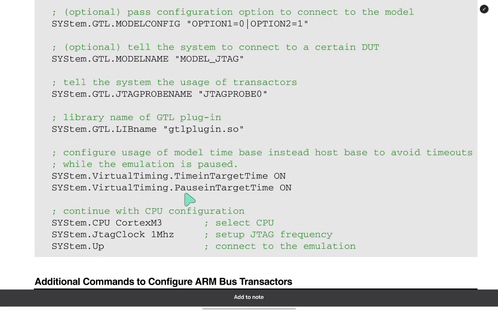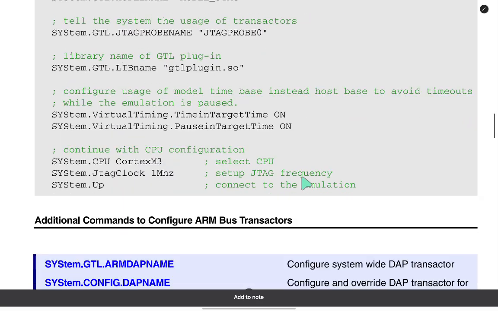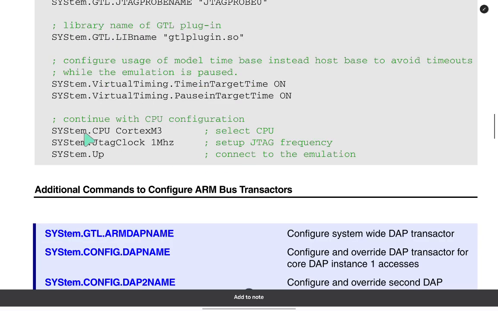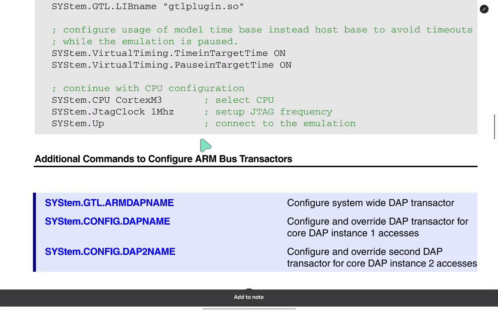SYStem.VIRTUALTIMING PAUSE in target time on. Continue with the CPU configuration: SYStem.CPU Cortex-M3, select CPU. SYStem.JTAGCLOCK 1 MHz, set up JTAG frequency. SYStem.Up connects to the emulation.